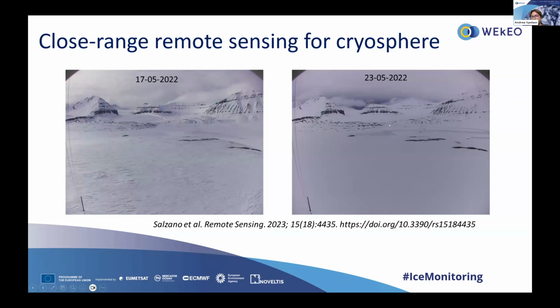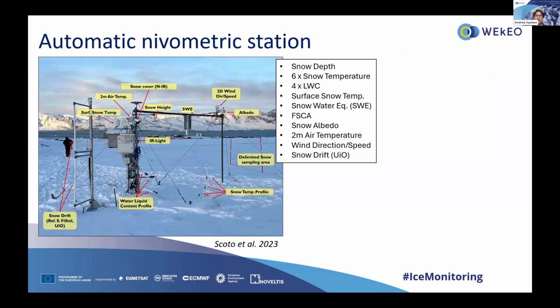But if we pay quite a lot of attention, especially in this area, here we start to see some features, and this is like a water channel that formed after a rain event that occurred between the 17th of May and the 23rd. So this type of measurement helps us to go more into the detail in the evaluation of the data that we collect from the field.